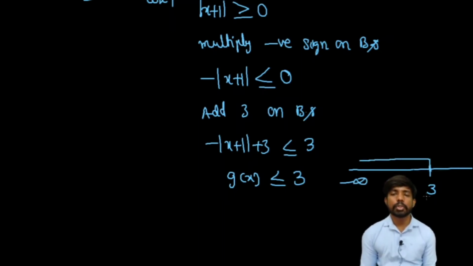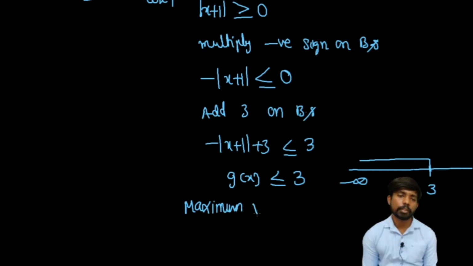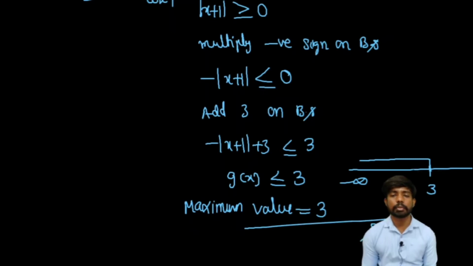So 3 is the maximum value. We can't say there is a minimum value. Hence the maximum value is equal to 3. There is no minimum value for this function. Clear? That's all. This is the solution.